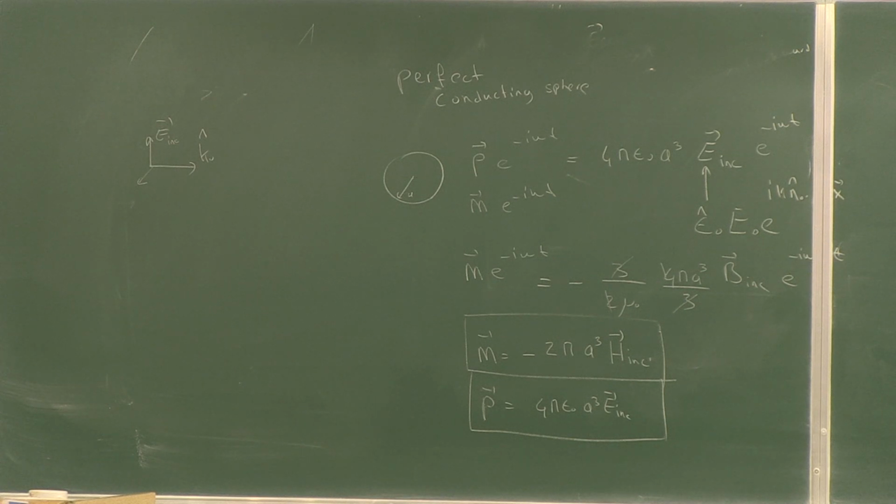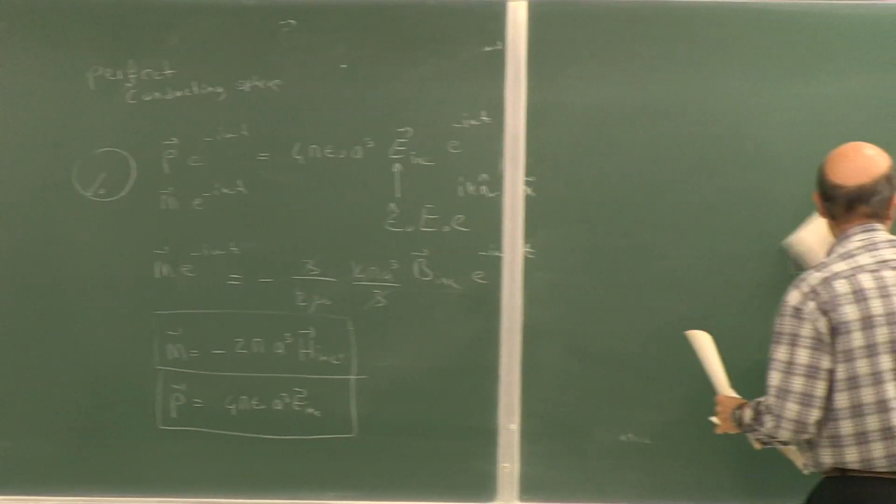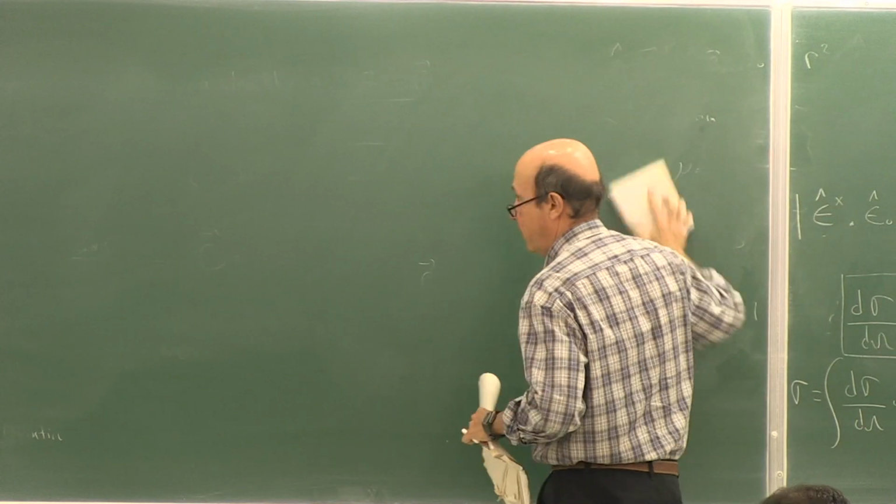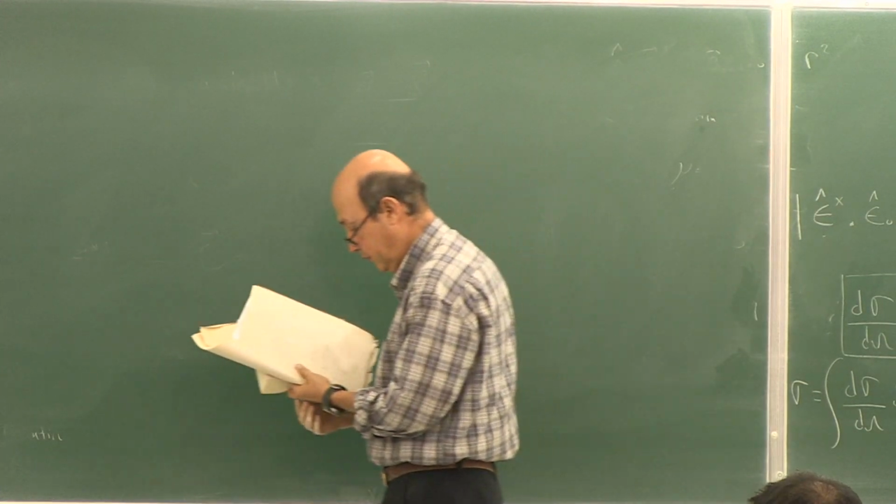And what we are going to do, we will try to calculate the scattering cross-section per solid angle from a perfect conductor using the full expression.